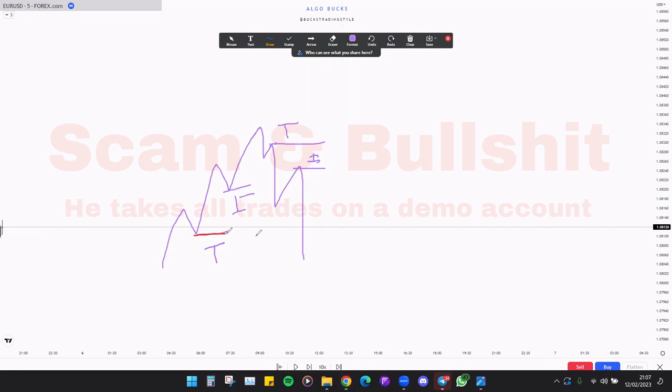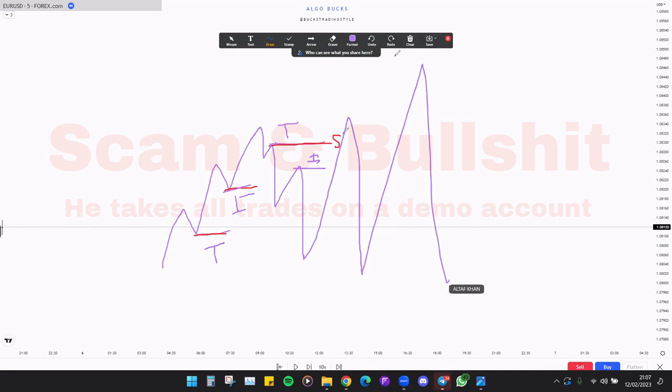This is transactional liquidity. Yes. This is inducement liquidity, both external structure. This one is internal structure, SLQ. Are you seeing what I'm saying? This one is a structural high, this SLQ.